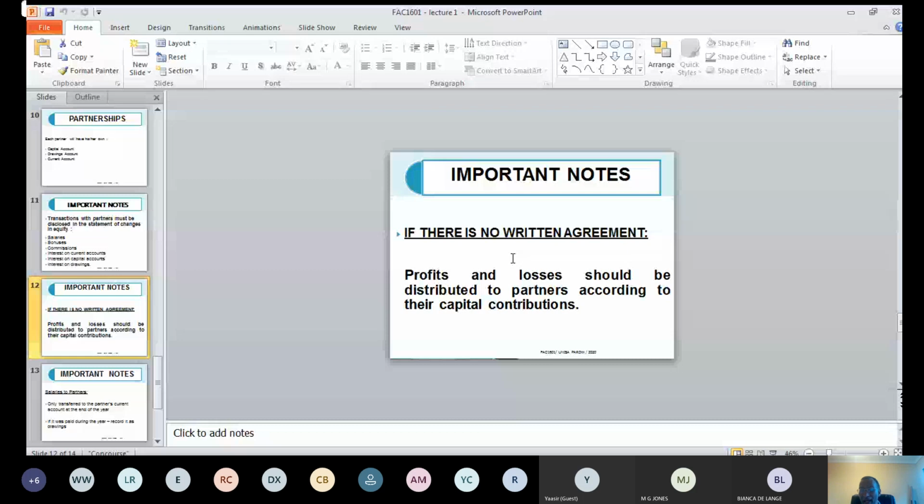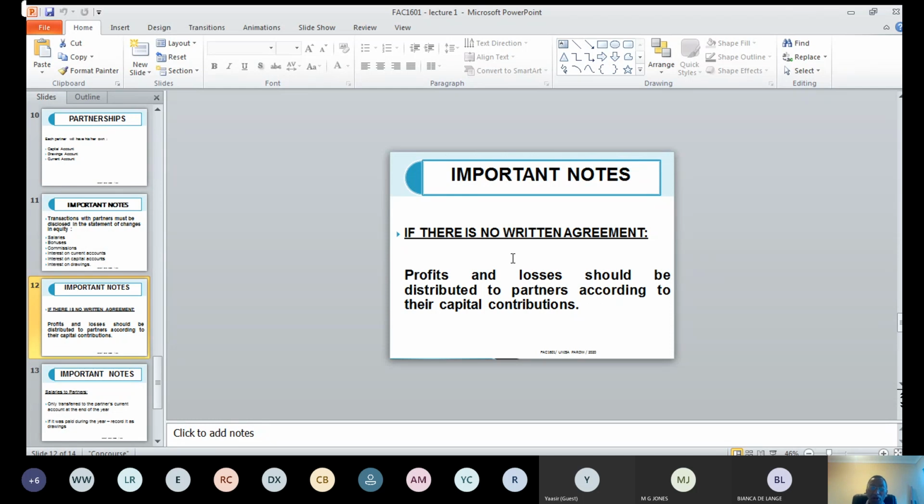So if partner A has contributed 60,000 and partner B has contributed 30,000, 60,000 to 30,000 is a ratio of 2:1, which means that partner A will now get 2/3 of the profit and partner B is going to get 1/3 of the profit. All right, that is in a ratio of 2:1.